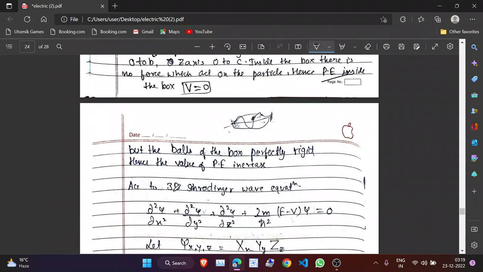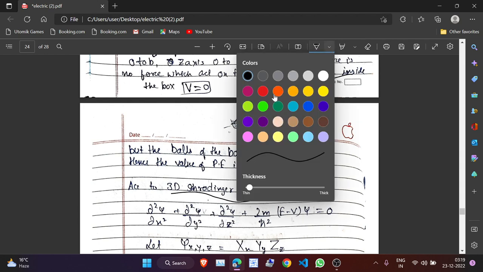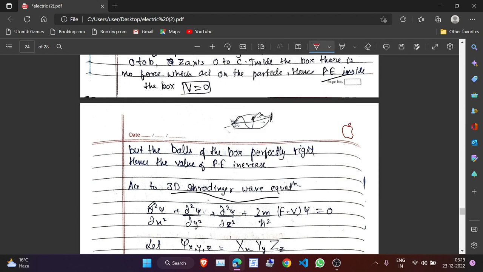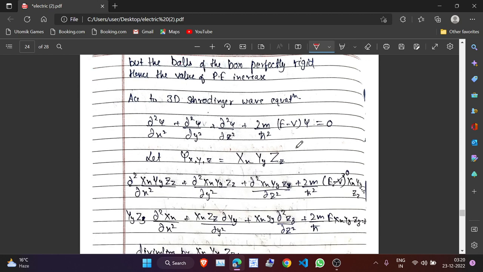So from the three-dimensional Schrodinger wave equation, don't be scared of this equation. It is just the same term written in the x, y, and z directions simultaneously. It is d square psi upon dx square. On equating it, we suppose a wave function in terms of x, y, z.